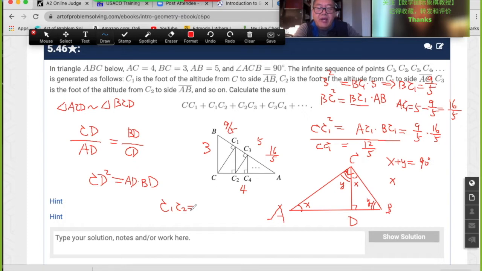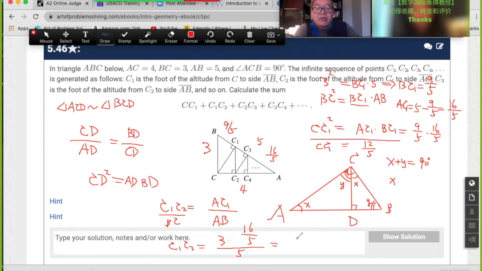So then we can get C1C2 over BC equals AC1 over AB. So you got C1C2 equals BC, that's 3, times AC1, that's 16 over 5, over AB, that's 5.